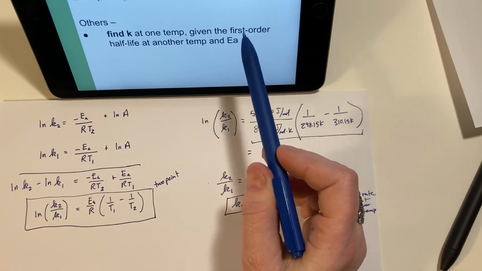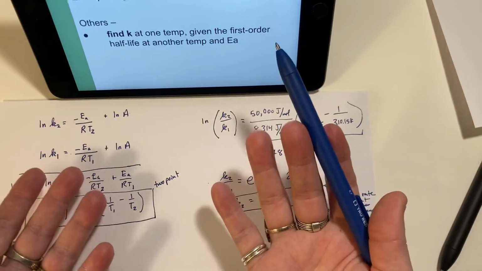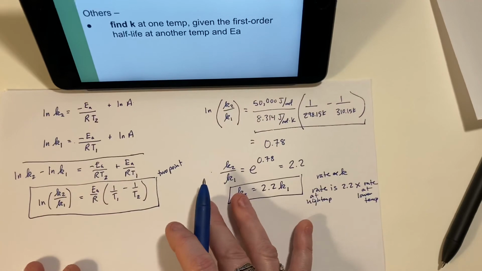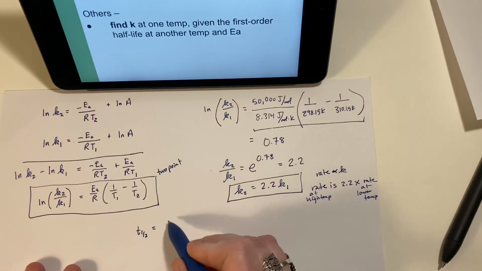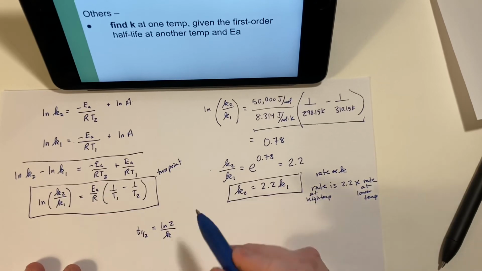First order half-life. What does that have to do with K? We know that one. A first order half-life is the natural log of 2 over K, the rate constant. We solved for that.